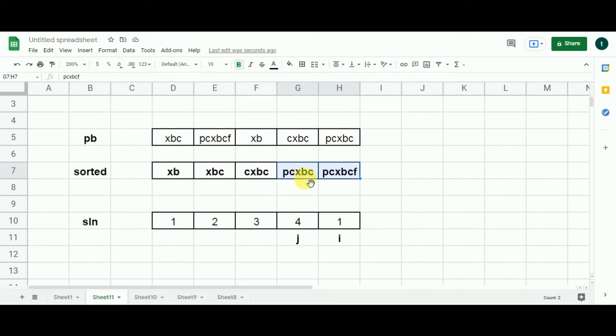So you can see that pcxbc are the common characters between these two words and the order of the characters is same in these two words. So we are now assured that by just appending f to this word represented by j, we are going to get the word I. So these two are forming the word chain.